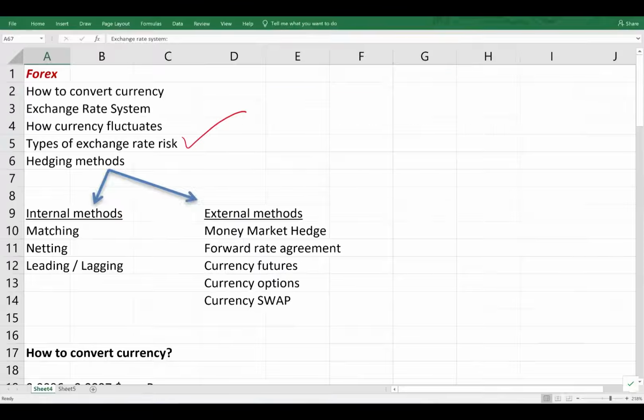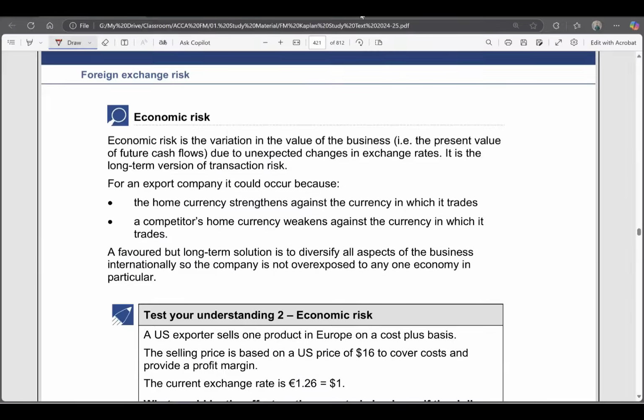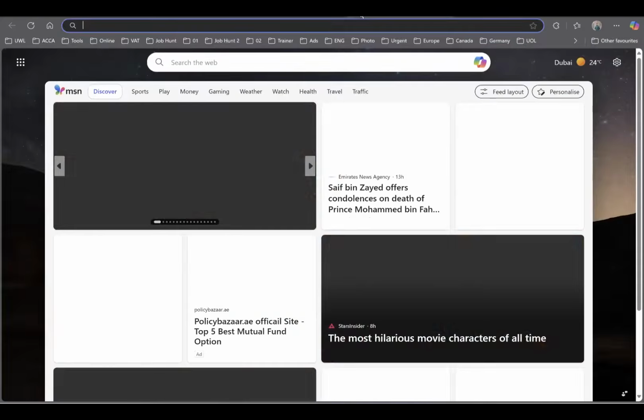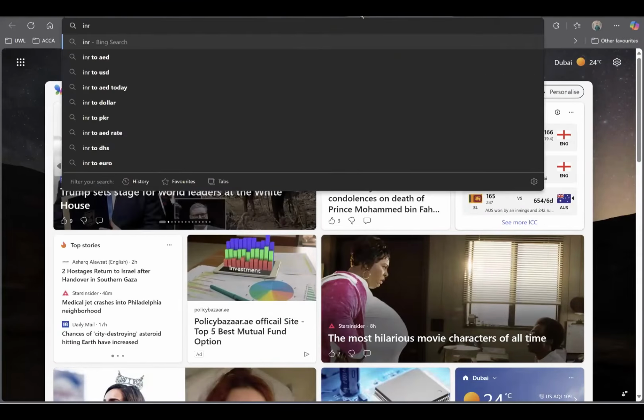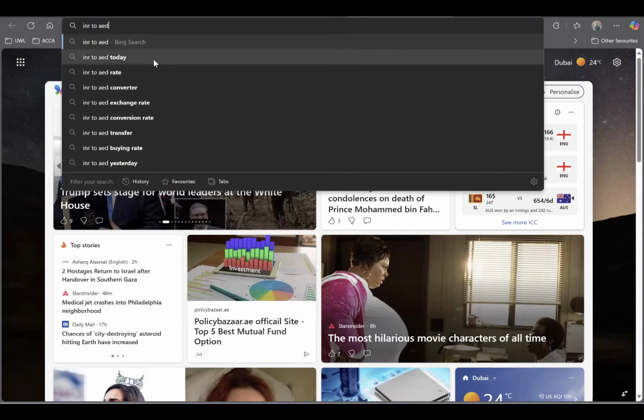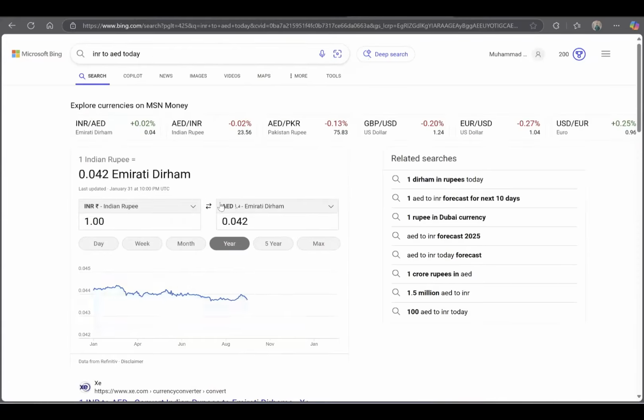Let's try to understand it from any currency we can pick. Let's say Indian currency I can pick here. By the way, what is the rate between the INR to AED today? Look, exchange rate is normally nominated in two different terms.